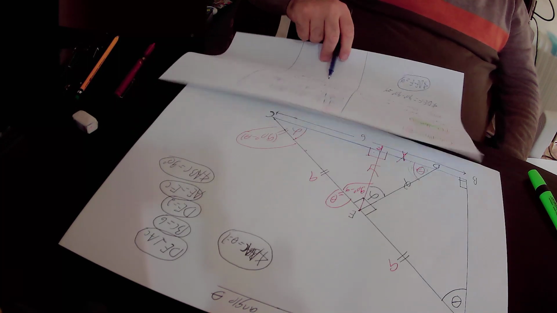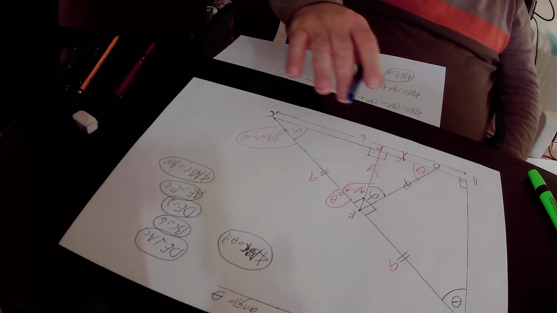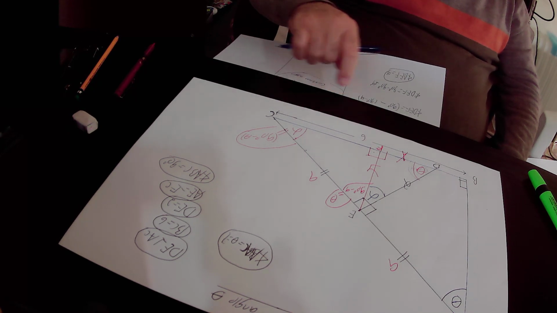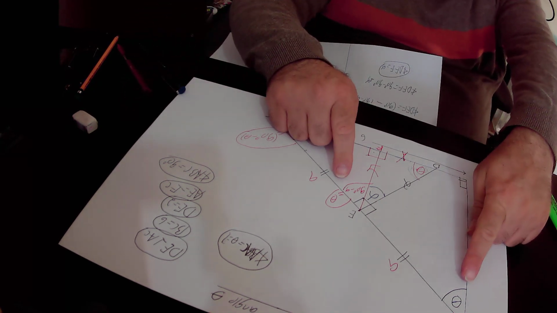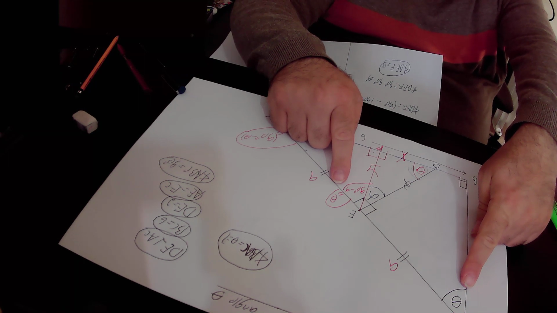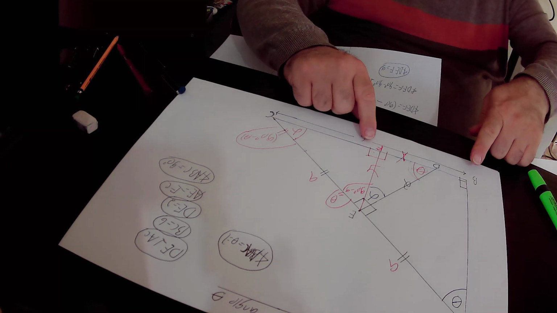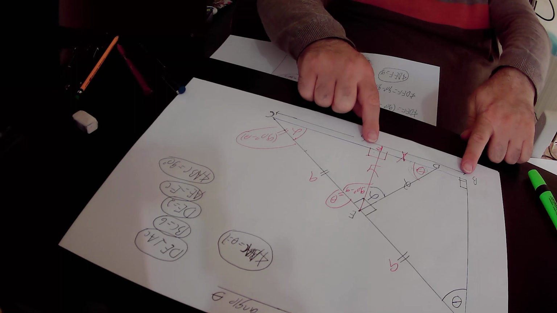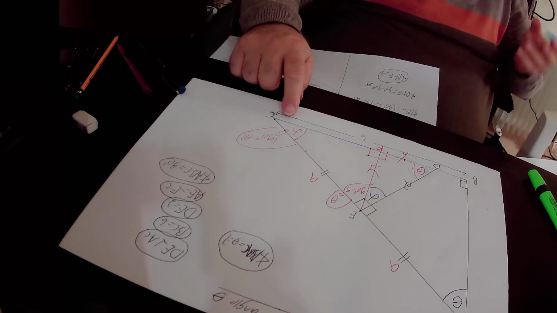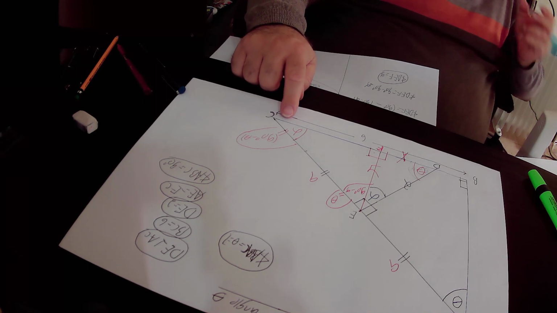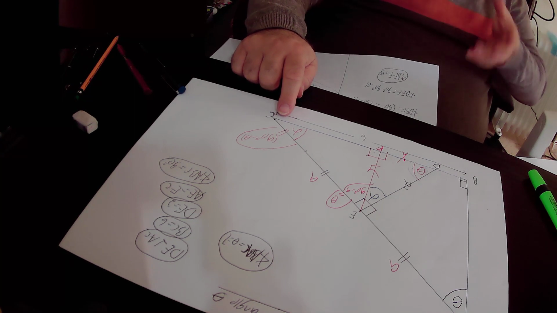So we actually proved that all three angles of triangle ABC can go into all three angles of triangle EFC. Why? Because those two angles are both equal to theta, therefore they are equal to each other. Those two angles are both equal to 90 degrees, therefore they are equal to each other. And this angle is a common angle that belongs to both triangles, therefore it is equal to itself.